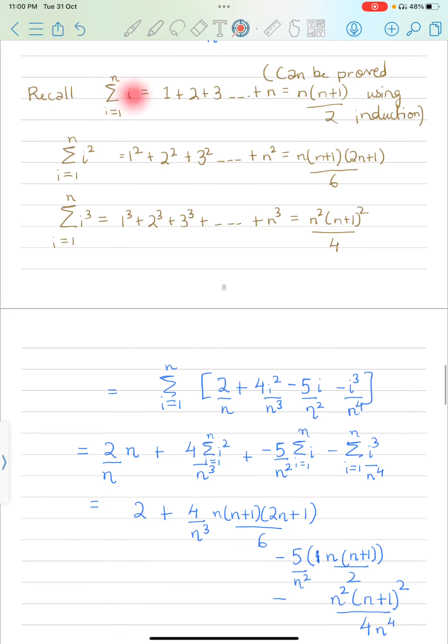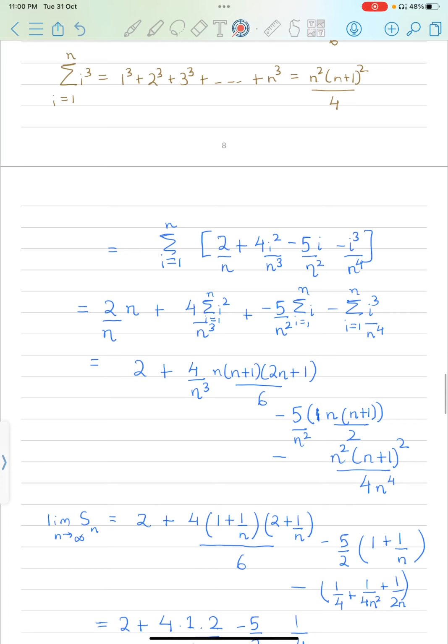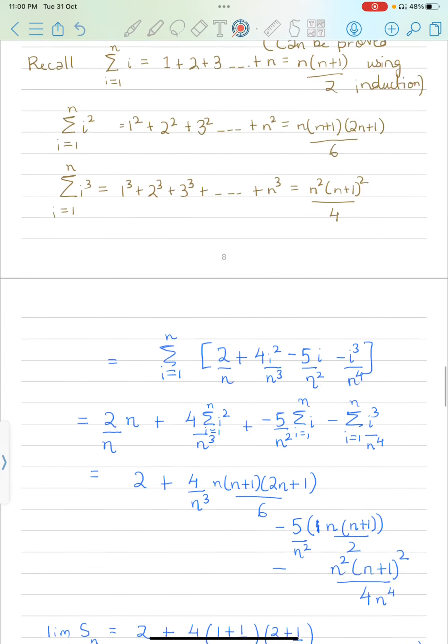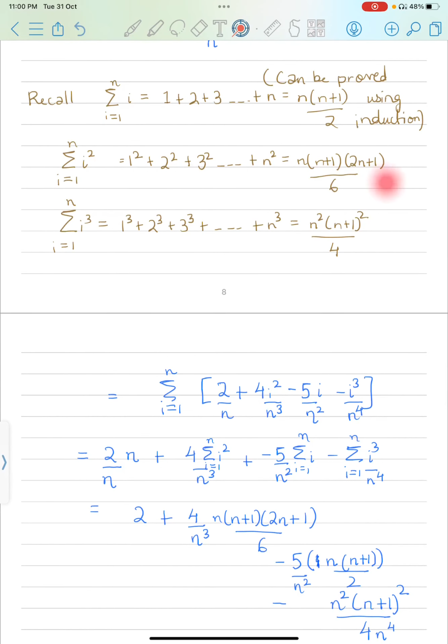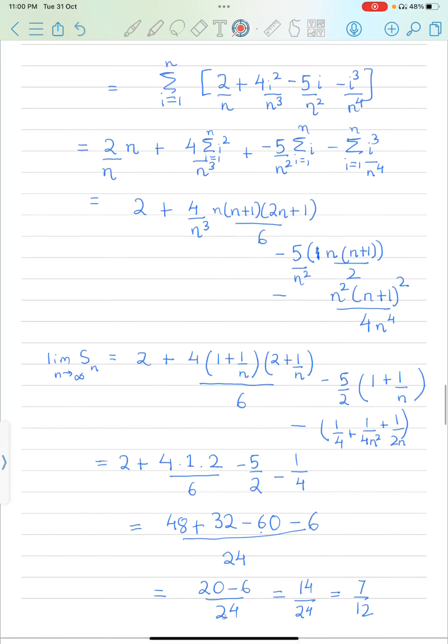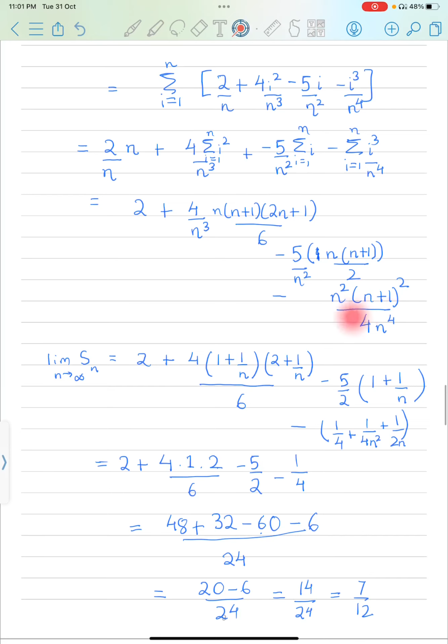So we are using this formula, n into n plus 1 by 2. And then summation of i cubed by n to the 4, here we are using this formula. All these three formulas can be proven using induction. So now this is what is S_n.